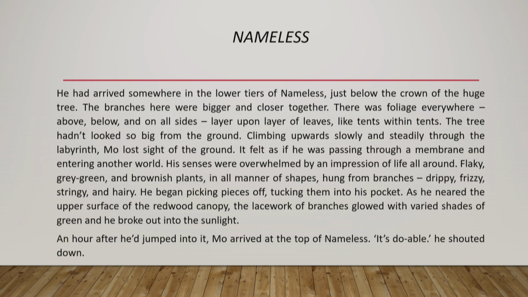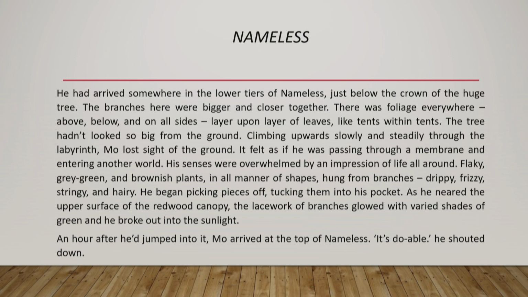He had arrived somewhere in the lower tiers of Nameless, just below the crown of the huge tree. The branches here were bigger and closer together. There was foliage everywhere, above, below, and on all sides, layer upon layer of leaves like tents within tents.